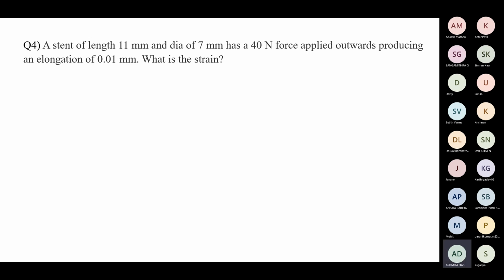The elongation in length, that is delta L or the small l, will be 0.01 millimeter, and the strain will be delta L divided by the capital L. So 0.01 divided by 11, that is 0.000909, which is the correct answer.